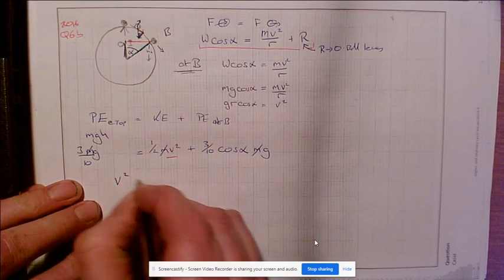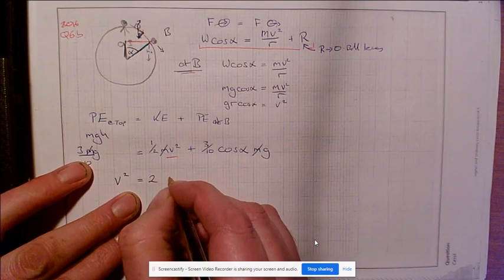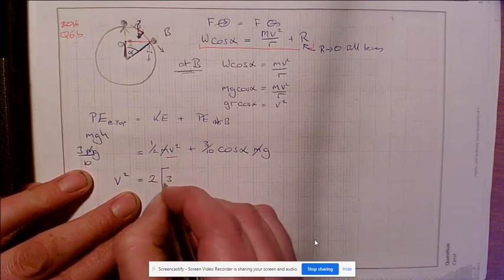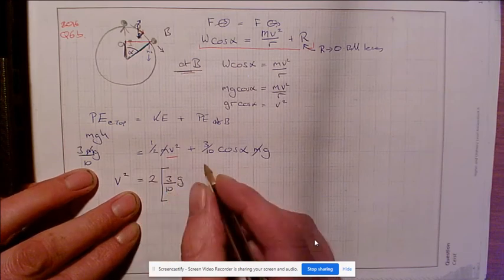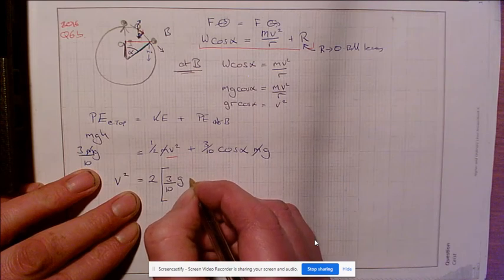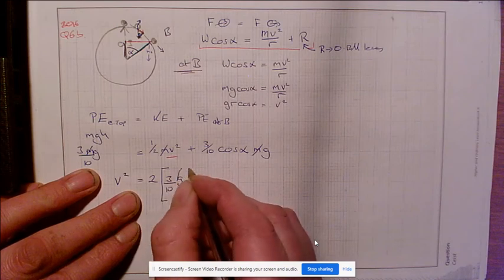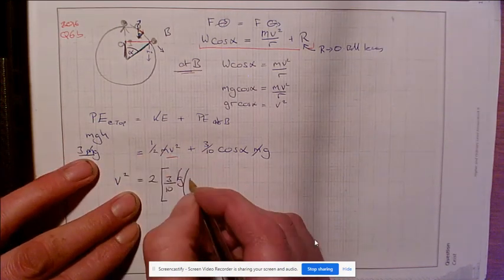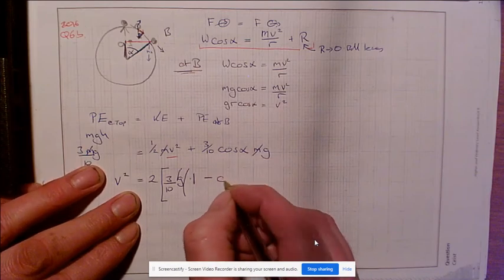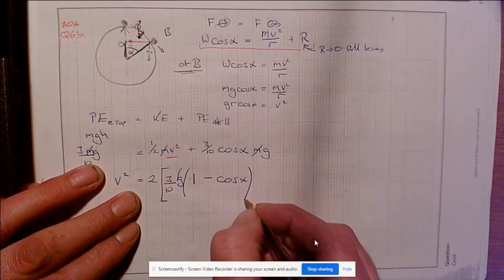So v squared is equal to 2 times, that's the half cleared, 3 over 10 g, times 1 minus cos alpha. Yeah, I think that's right.